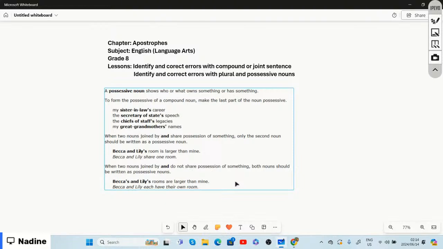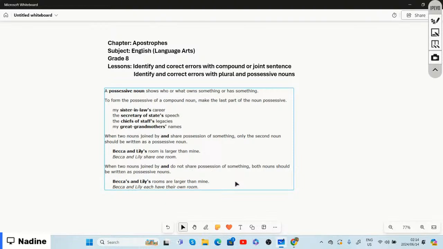And we say that when two nouns are joined by the word and, then they share possession of something. They share it, it's them together. All right. And then the second noun should be written as a possessive noun.